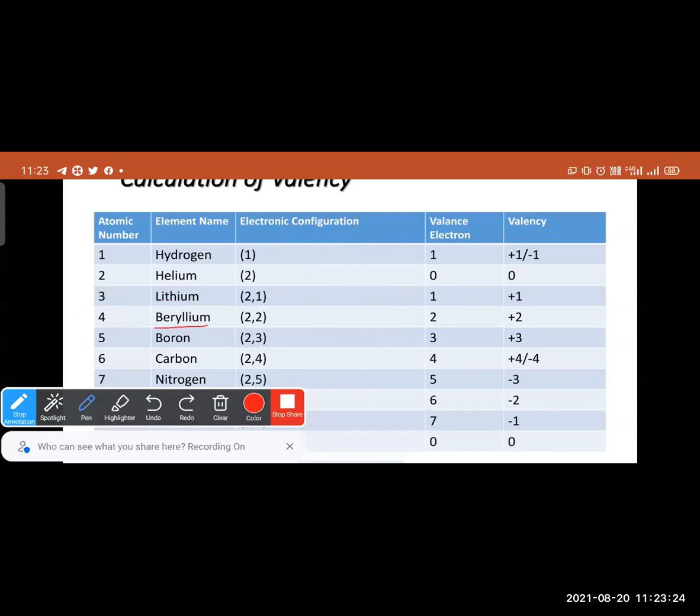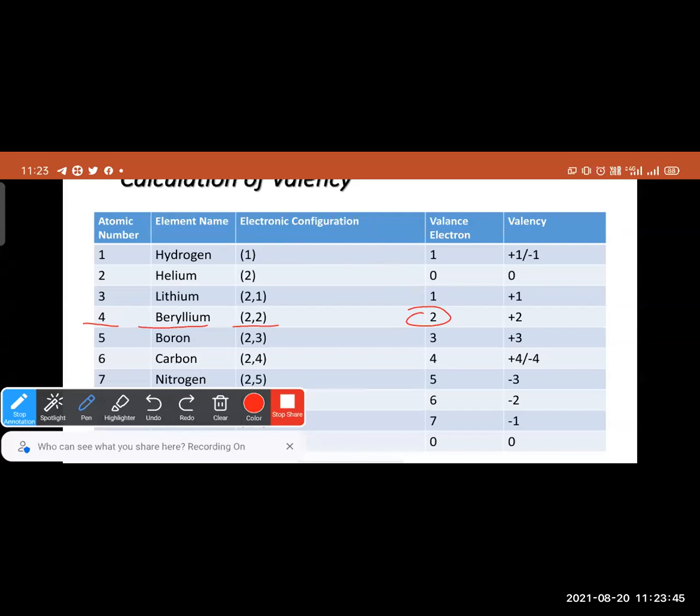In case of beryllium, the atomic number is 4 and the electronic configuration is 2, 2. So the outermost orbit will have 2 electrons, so the valence electrons are 2.